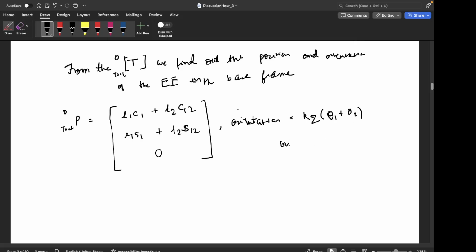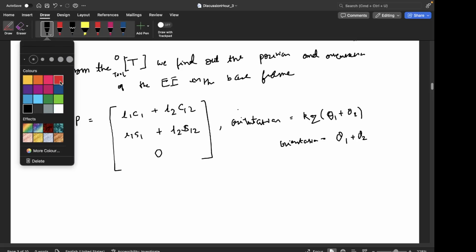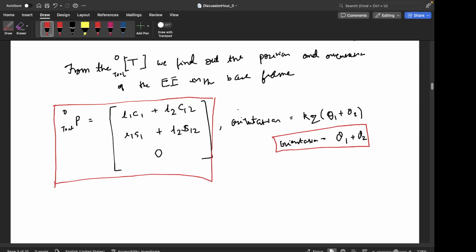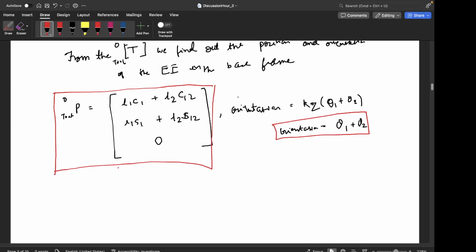So the orientation is theta 1 plus theta 2. Right, so from the forward kinematics we have both the orientation and the position of the end effector, right? Any doubt in this derivation?